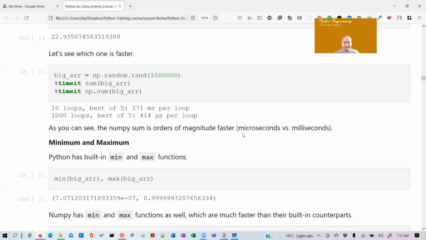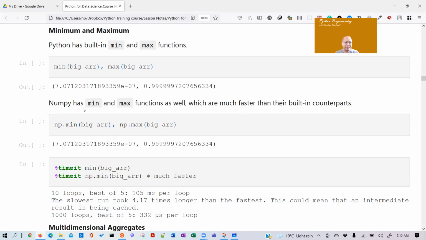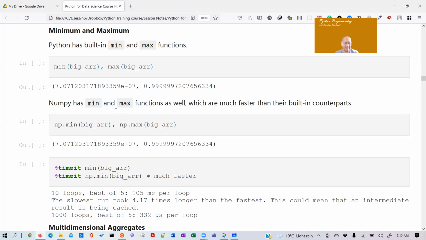As you can see, for minimum and maximum, Python has built-in min and max, and it's the same thing with a bigger array. The question is about min and max: there is np.min and np.max, and also the built-in ones.